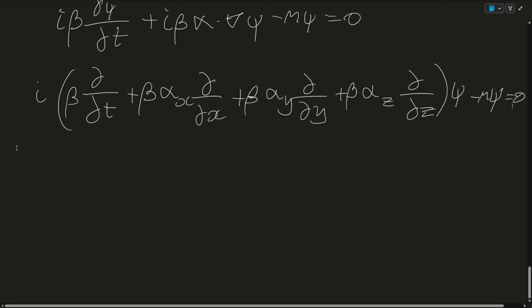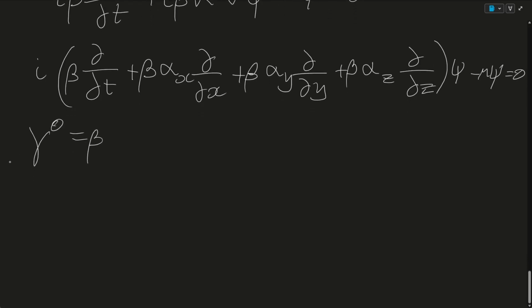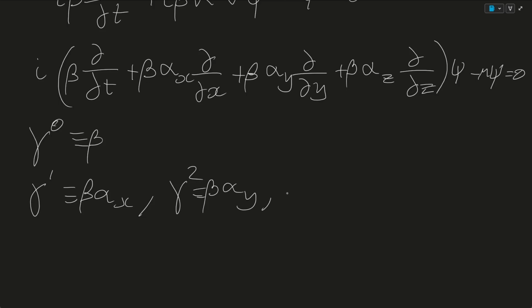I'm not going to put that in a box, it doesn't really mean anything. So gamma 0 is beta, and then gamma 1 is, actually we should use identity because these are identities, beta alpha x, gamma 2 is beta alpha y, and gamma 3 is beta alpha z.